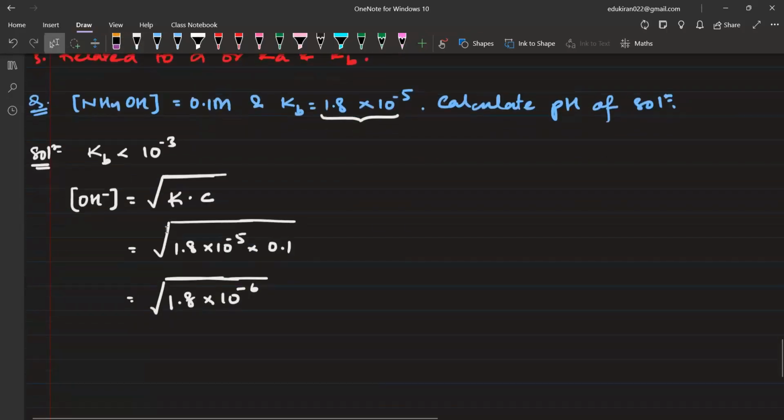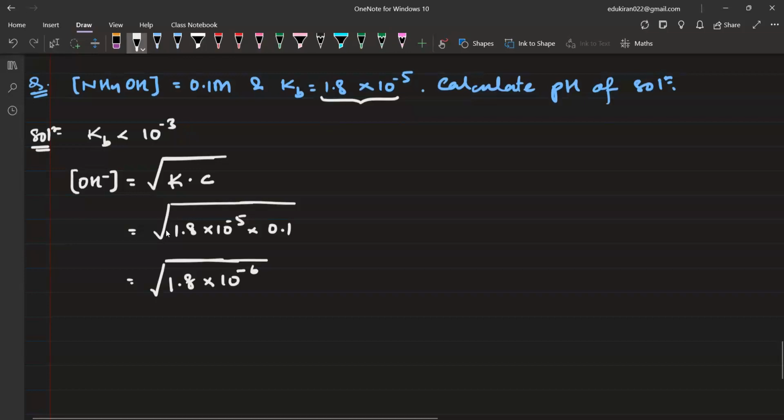ठीक है. अब देखिए इसको कैलकुलेट करने का तरीका देखिए. See, I want to remove this decimal point, but if I remove this decimal point, the power of 10 will be odd. And if it is odd, then I cannot remove the root directly from above 10. I want the powers of 10 to be even so that I can easily remove the 10 from under root, because I will just half it. तो यहाँ पे हम क्या करेंगे?